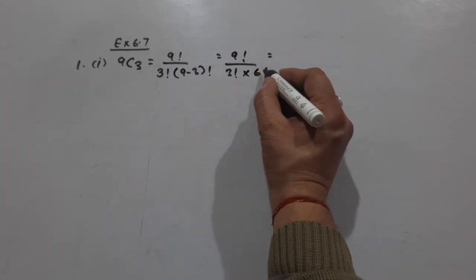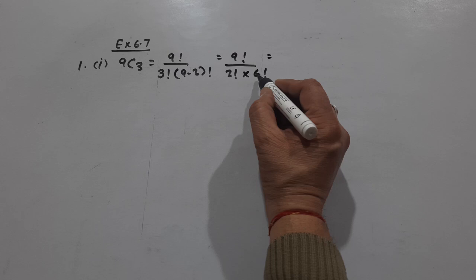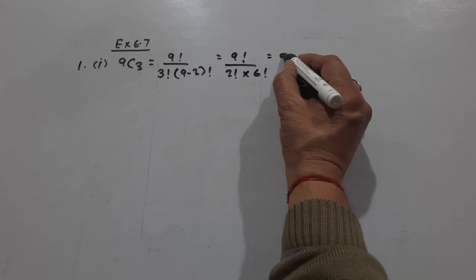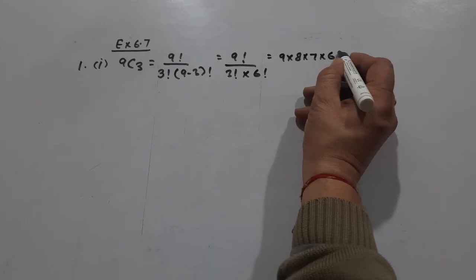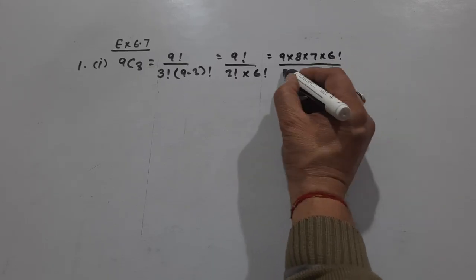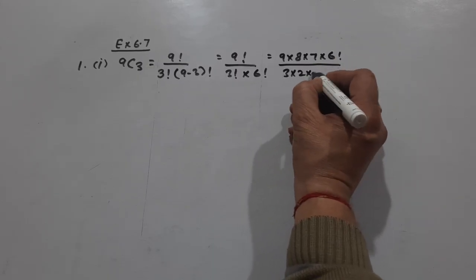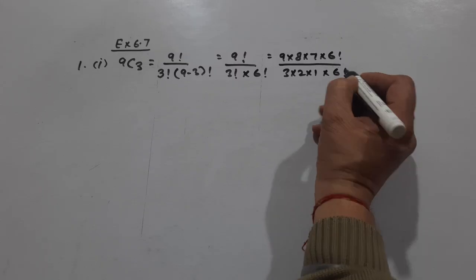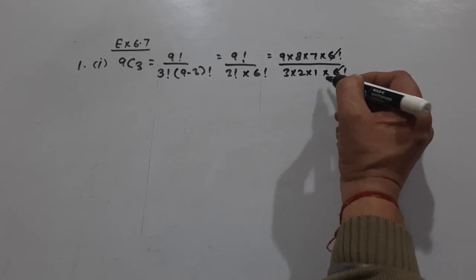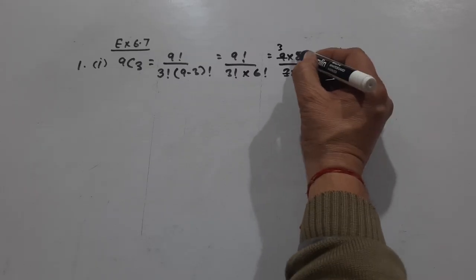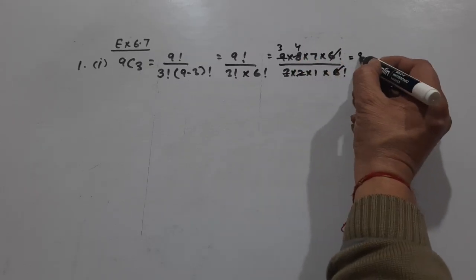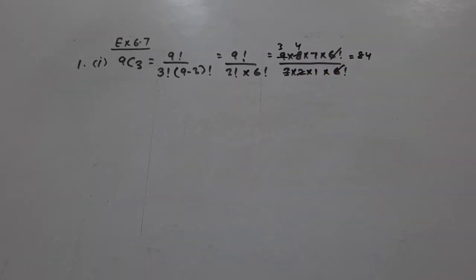Solving it, because in the denominator we have 6 factorial, we write 9 as 9 into 8 into 7 into 6 factorial, write 3 factorial as 3 into 2 into 1, and 6 factorial as it is. Now cancel 6 factorial with 6 factorial, and 3 threes are 9 and 2 fours are 8. So we get 84 as the answer of this question.